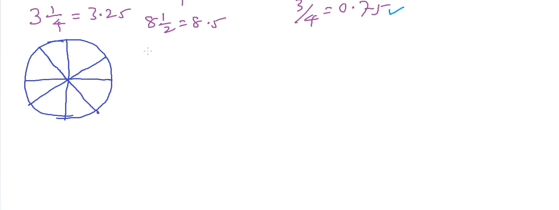Let's say this is a cake bought for your birthday. Let's say your mother is given these 2 pieces. That means this covers 1 by 4 of the cake.